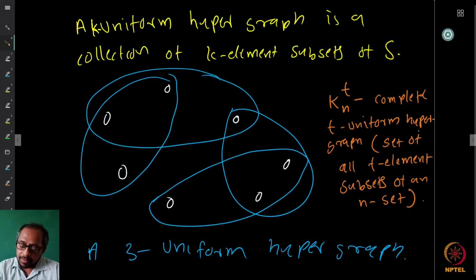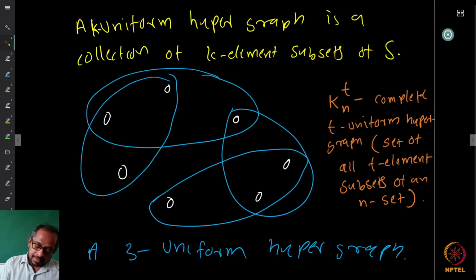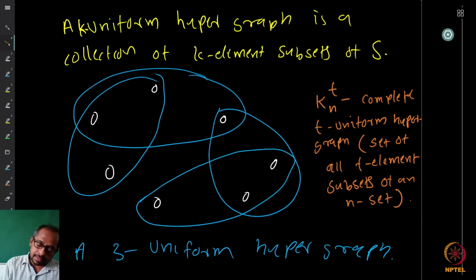The complete t-uniform hypergraph is the set of all t-element subsets of an n-element set. So the subscript n says the number of vertices and the superscript says the cardinality of each edge, not the cardinality of the edge set. Here we have given a 3-uniform hypergraph, not a complete one.